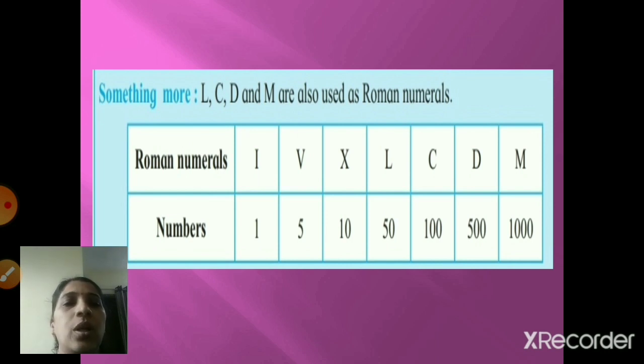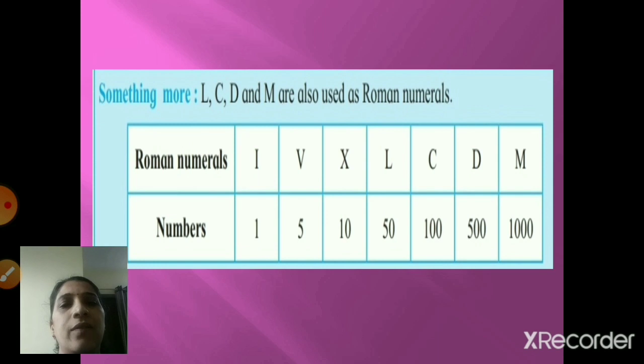Now you already know that for the number 1 you write capital I, for the number 5 capital V, and for the number 10 capital X. For the number 50 you write capital L, and for 100 capital C. For 500 you write capital D, and for 1000 capital M. Right, children? So these Roman numerals were used for these numbers.